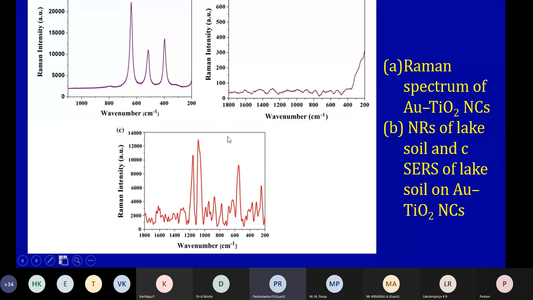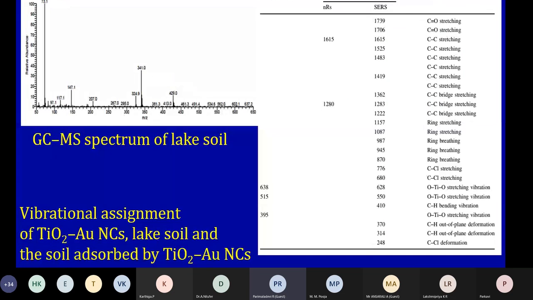But when we go for SERS, that is surface enhanced Raman spectroscopy, we use AuTiO2 as the substrate, coat our soil on it, and take the Raman spectra. It shows continuous peaks, and these peaks lead to these types of bands.